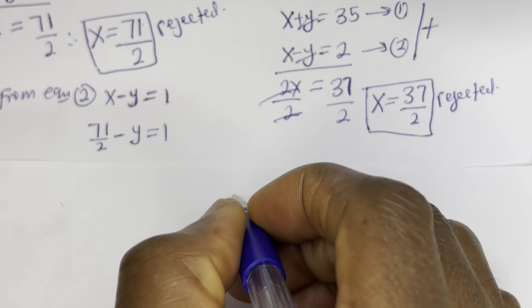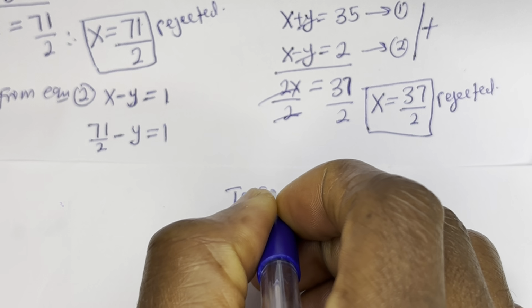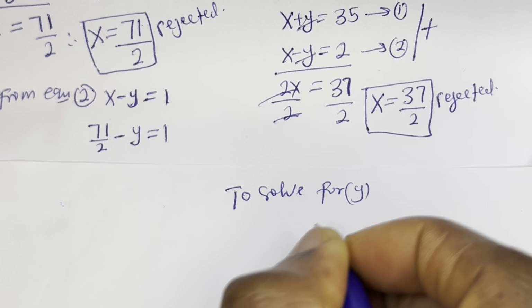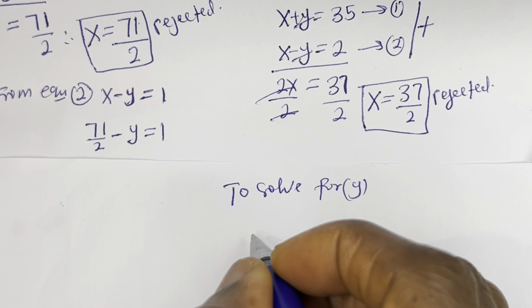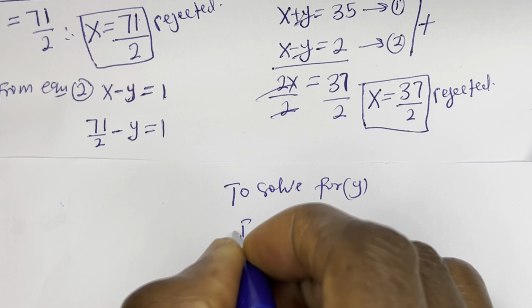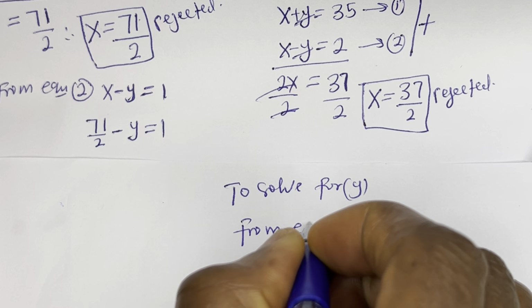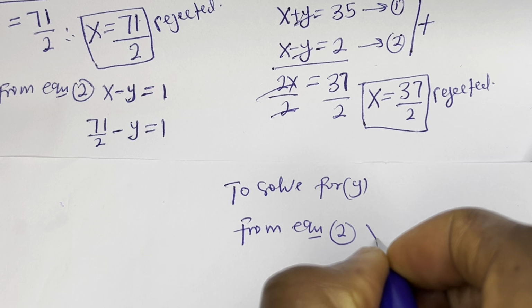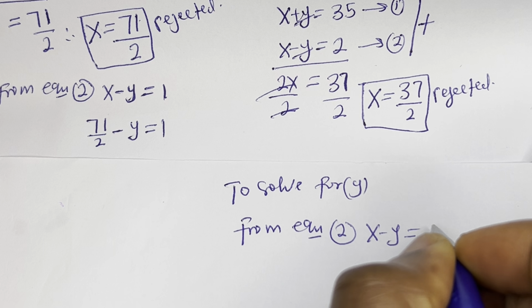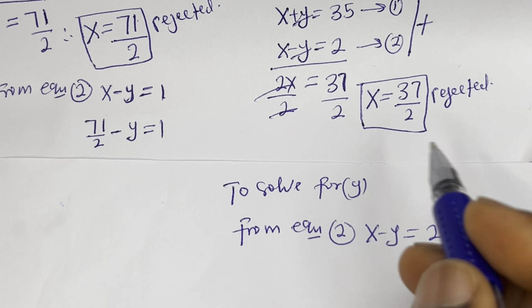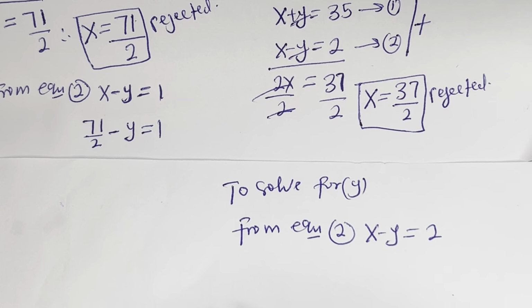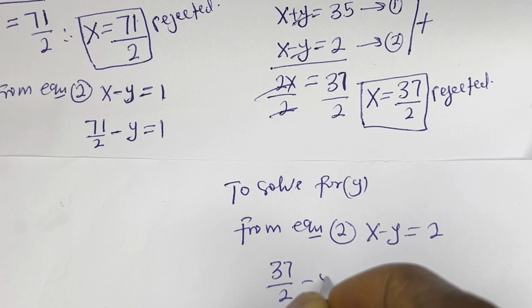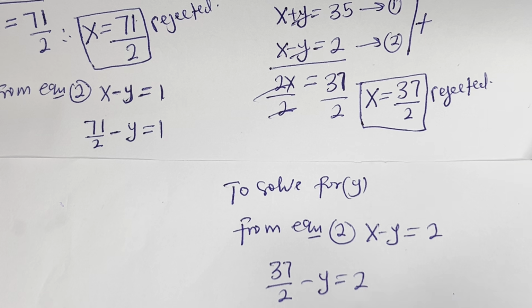To solve for y, from equation 2 again, x minus y is equal to 2. When x is 37 over 2, we have 37 over 2 minus y is equal to 2.